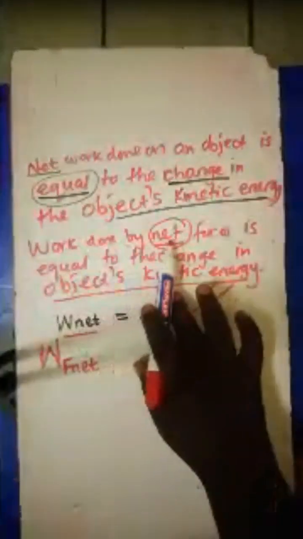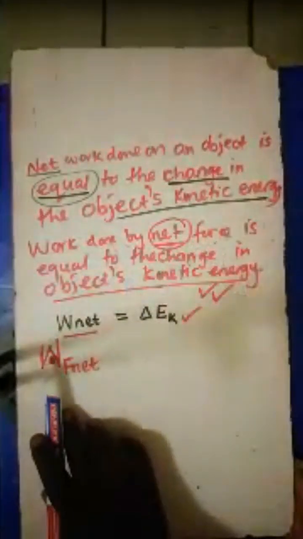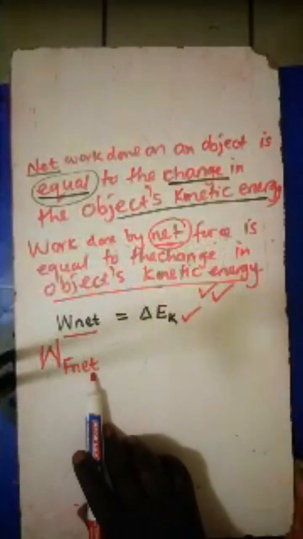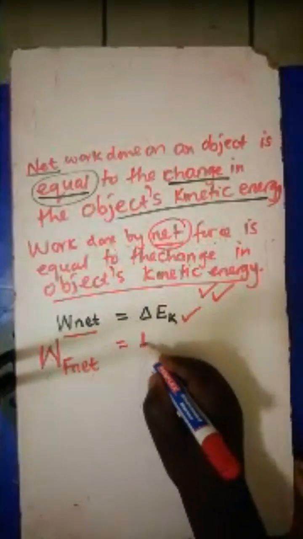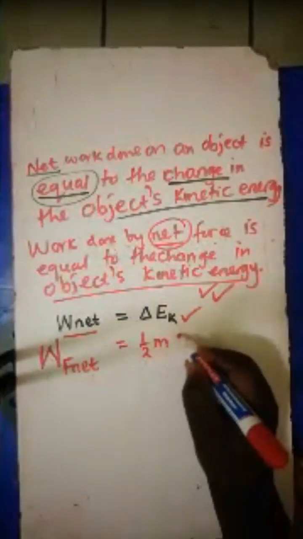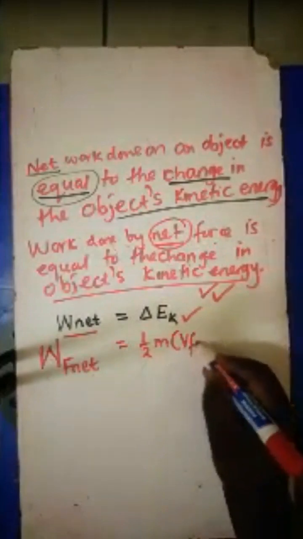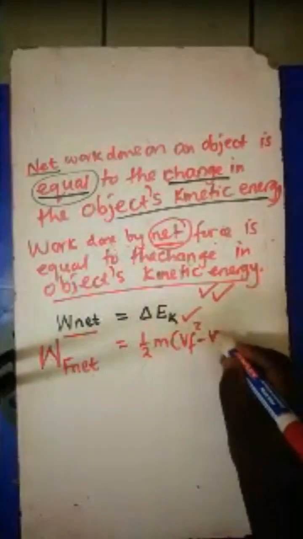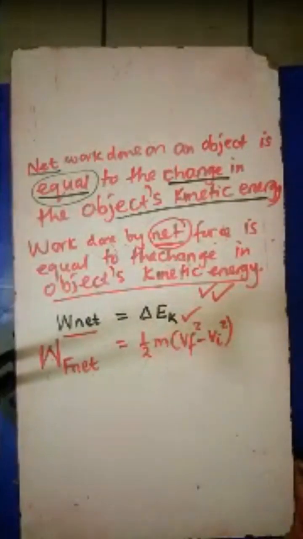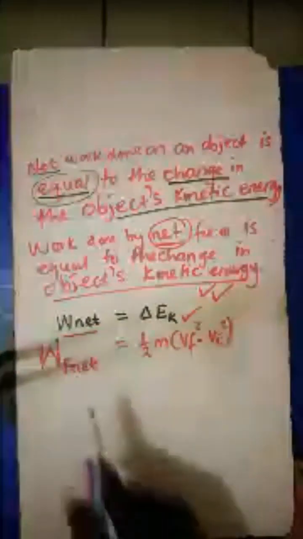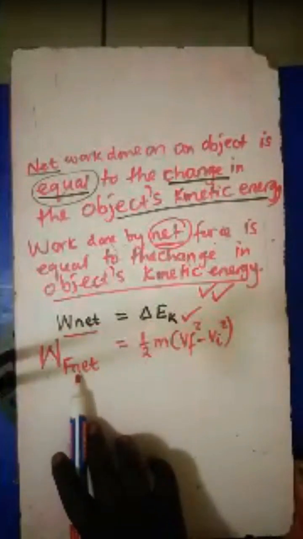Work done by a net force. So I'll say W F net is equal to 1 over 2 m v final squared minus v initial squared. But remember, in the paper, you were given acceleration. That's why I'm going for this route, colleagues.